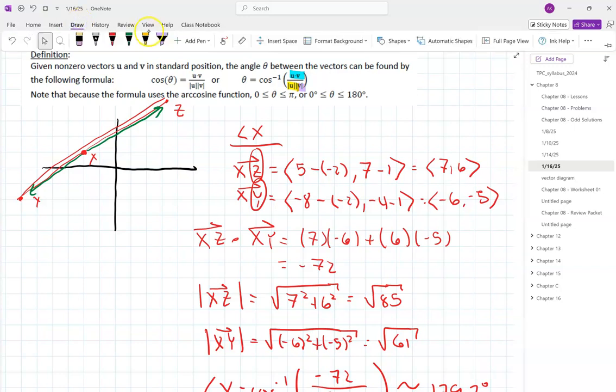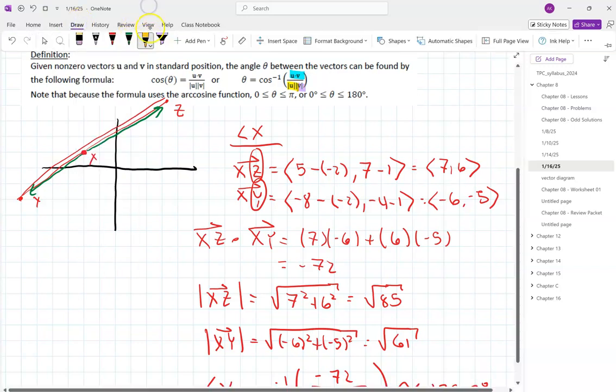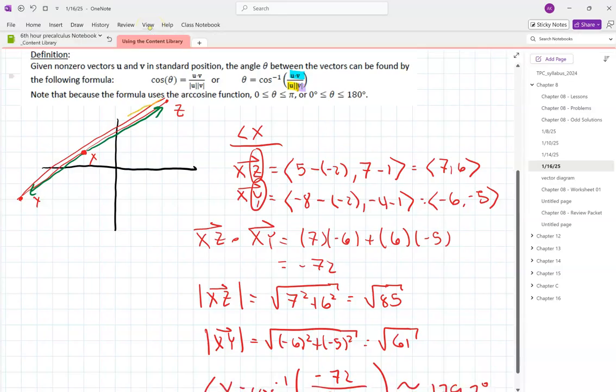So the next angle, let's have that be angle Z. So I need ZY and then ZX, right? Now, ZX and XZ are basically the same vector, they just have opposite directions.